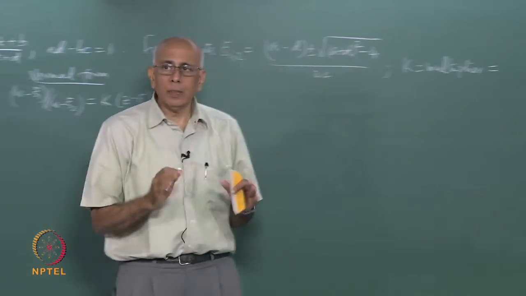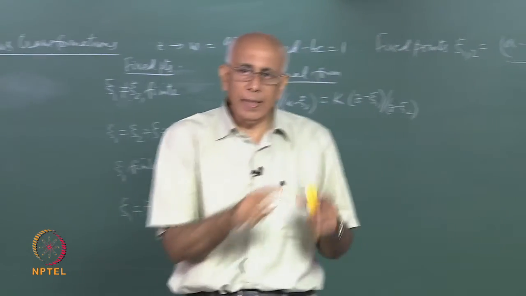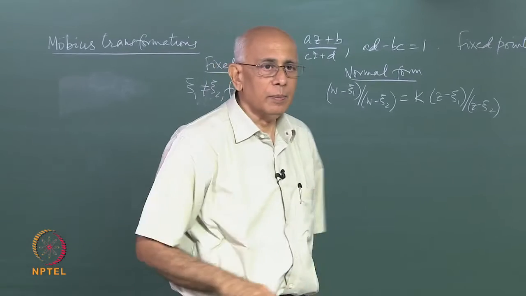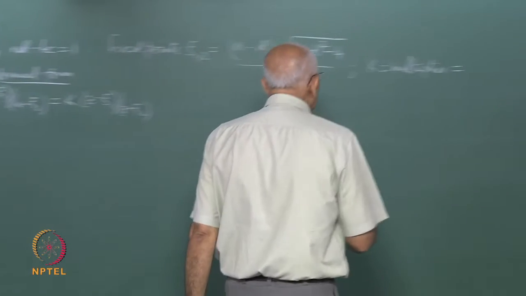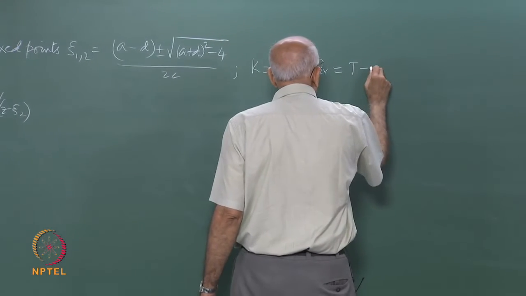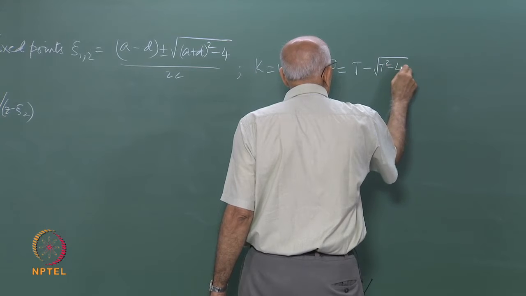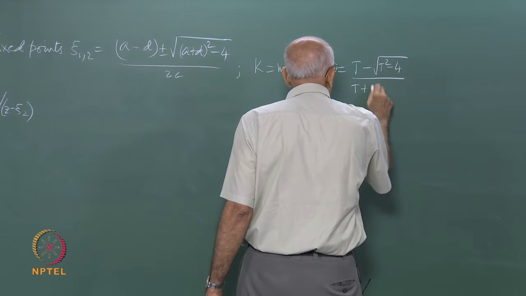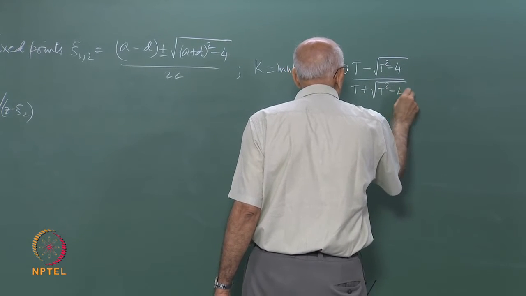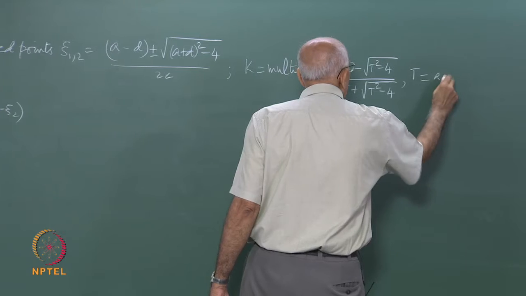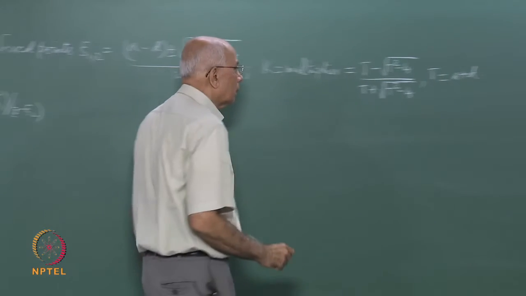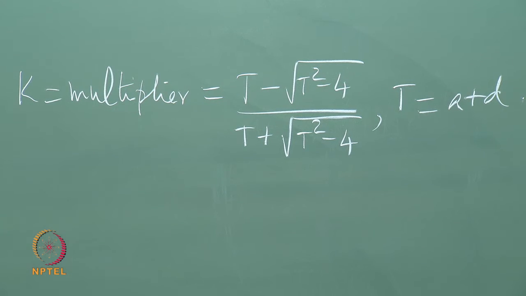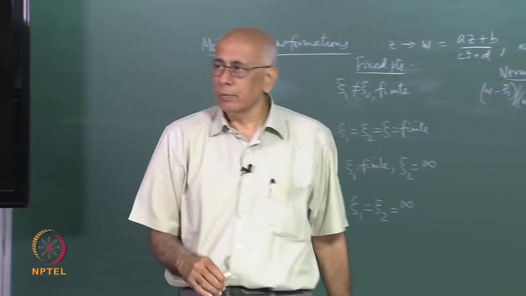And this was expressible entirely in terms of the trace of this matrix of coefficients a, b, c, d. So, this was simply equal to t minus square root of t squared minus 4 over t plus square root of t squared minus 4, where t is a plus d. We have used the fact that ad minus bc is 1 everywhere.